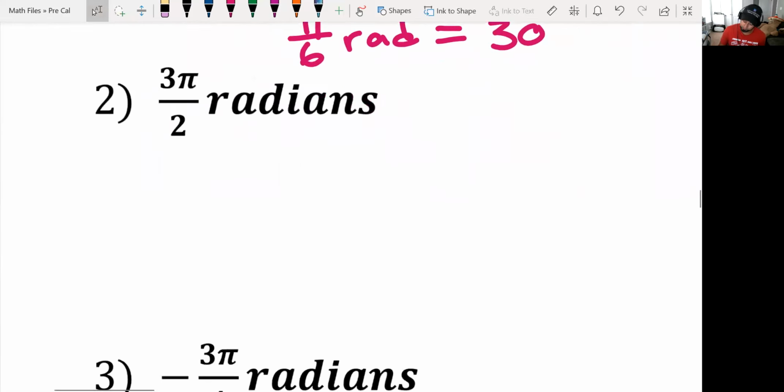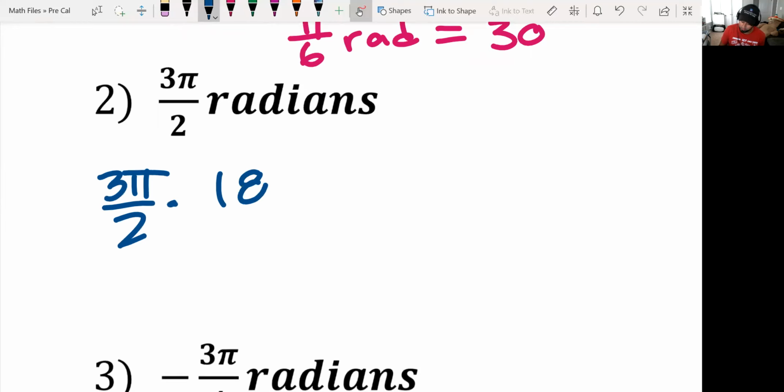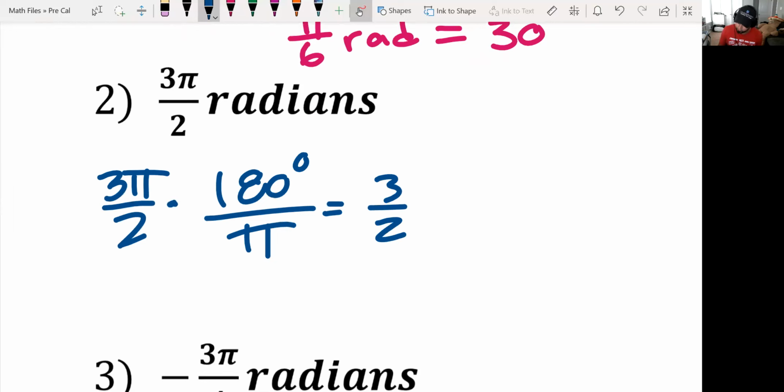Okay, keep going. 3 pi over 2 multiplied by 180 over pi. Your pi's will cancel, leaving me with, here I'll rewrite it without the pi's, 3 over 2 times 180 over 1.